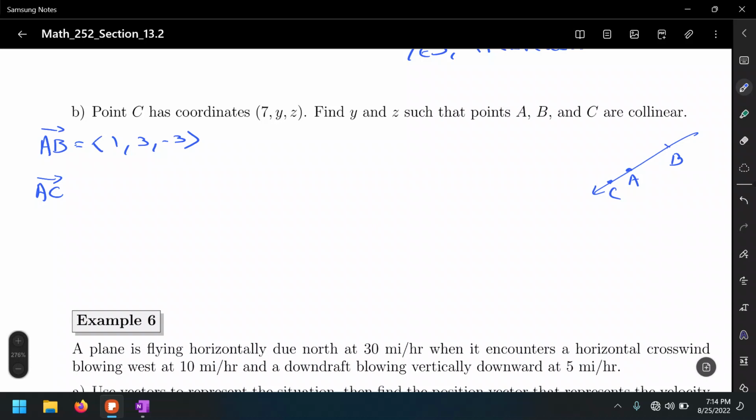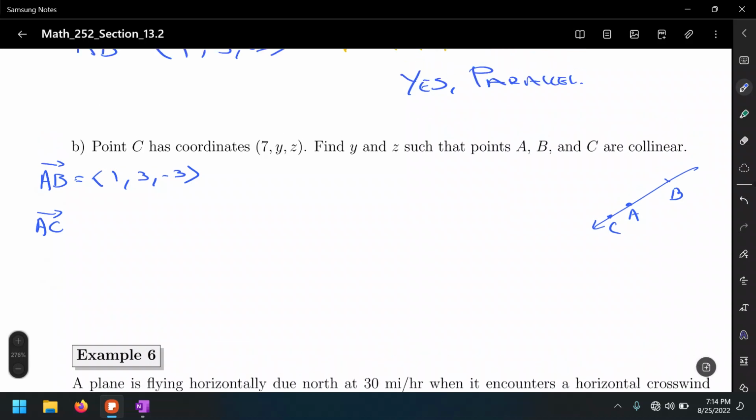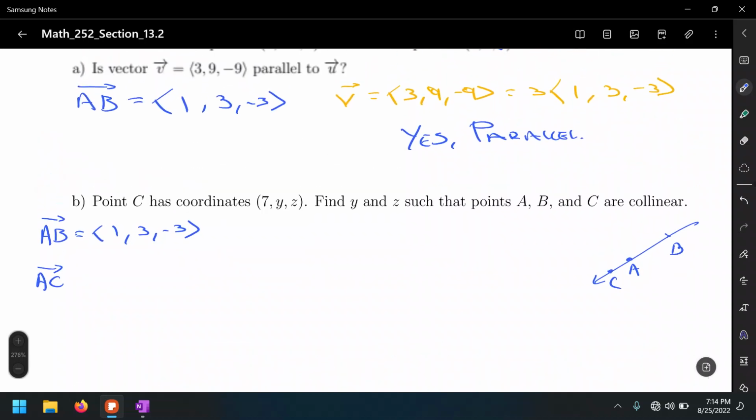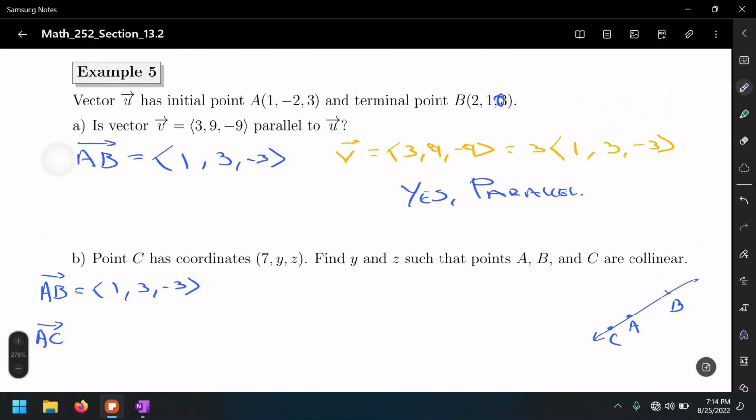This is what we're going to do. We are going to define a vector in terms of variables. This is the point C, and we're going to define the vector that has initial point at A and terminal point at C. That is 7 minus 1, that's 6.